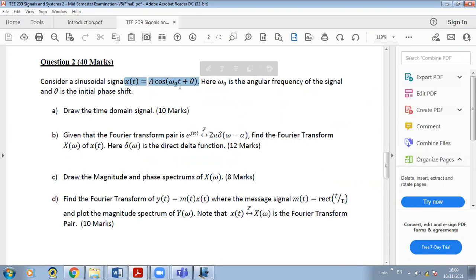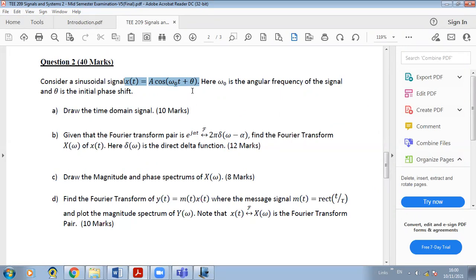So how can you relate these two signals? Definitely you can relate these two parts using the Euler formula.